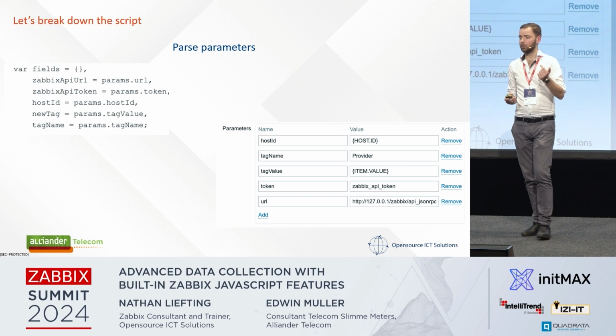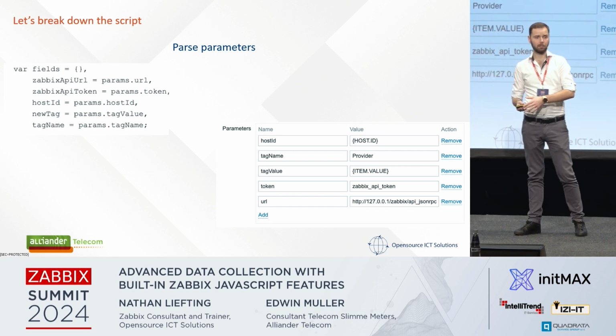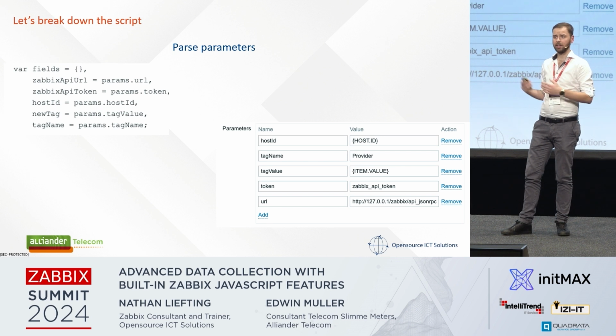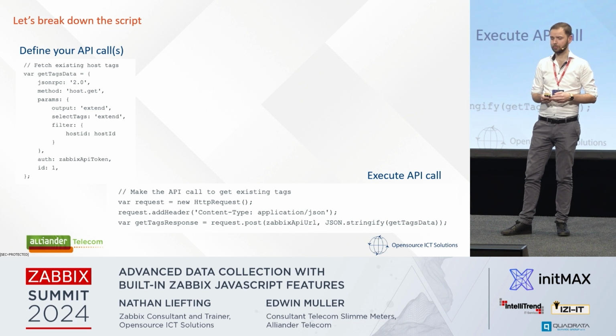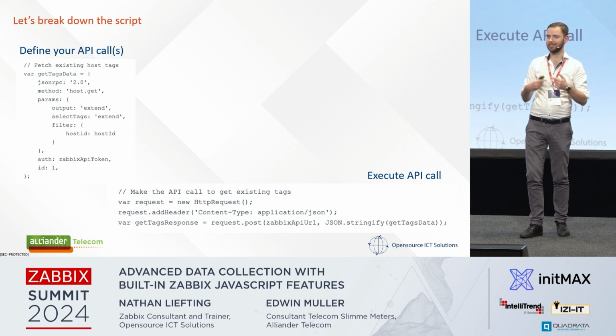And what do we do with those parameters? Well, we simply give them to the JavaScript. And the JavaScript, we, for example, say, hey, there's an alert coming in. We know which host that is, so we know the host ID. Tag name provider, we'll update that, and we'll use some variables to catch that information in the script. And then we define an API call to actually talk to the Zabbix API.